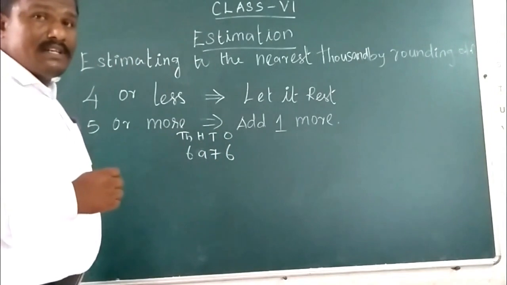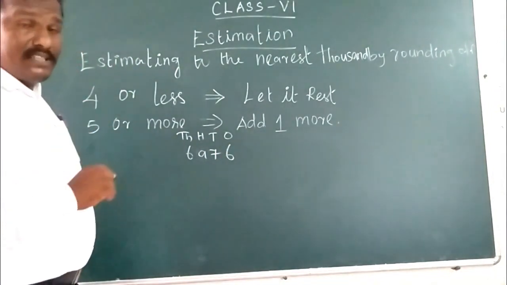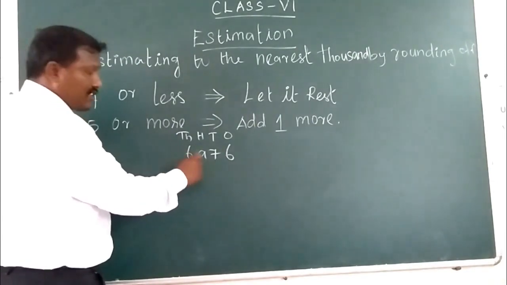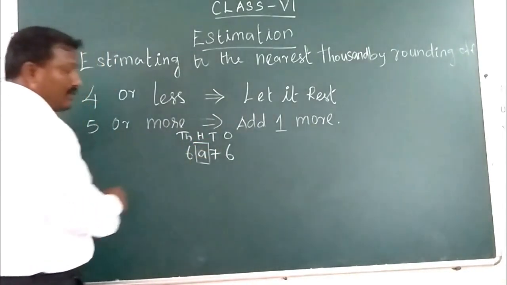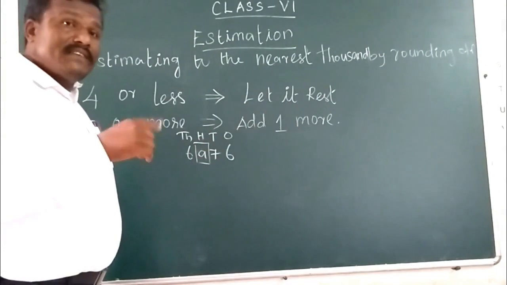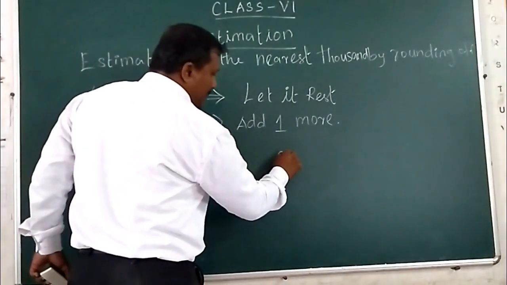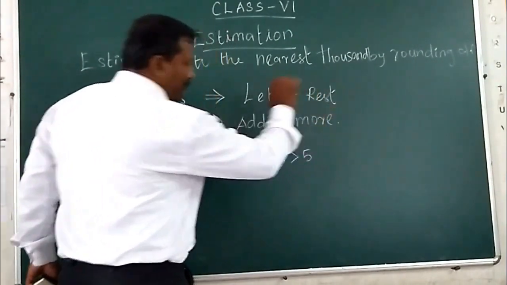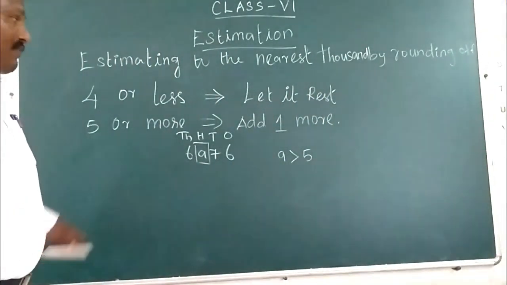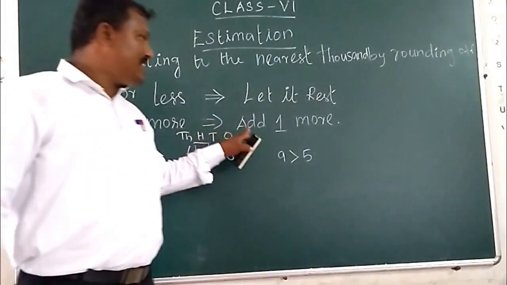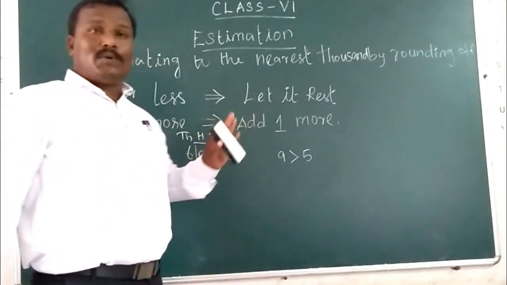The second step, find out the digit next to the thousand place. I am going to compare it with 5, whether it is greater than 5 or less than 5. 9 is greater than 5, so the second slogan is applicable. What's the second rule? Add one more.